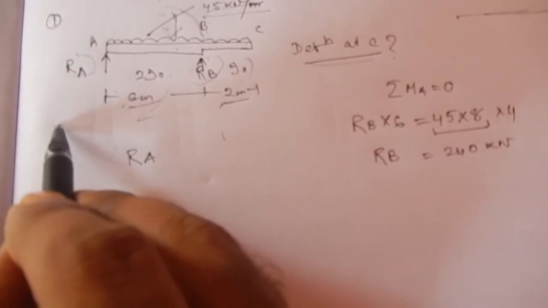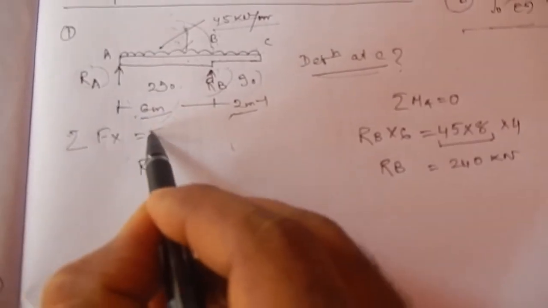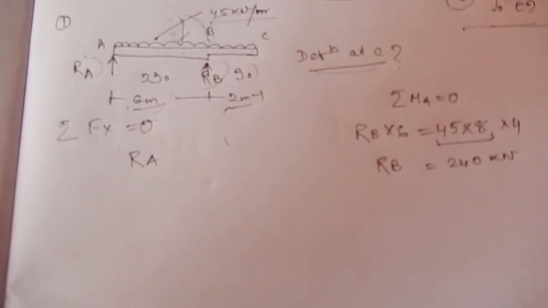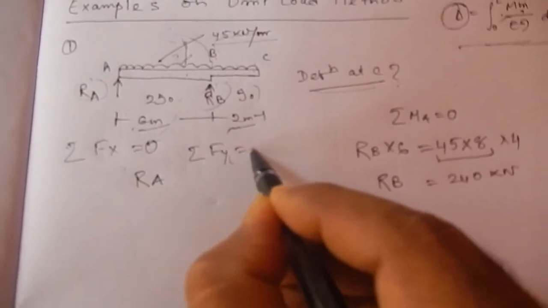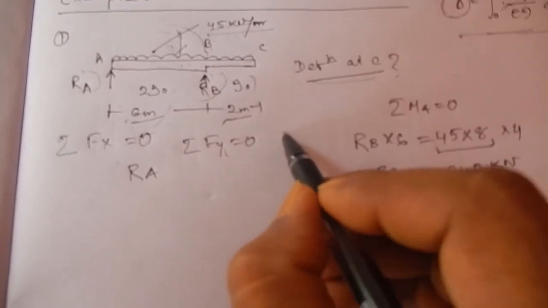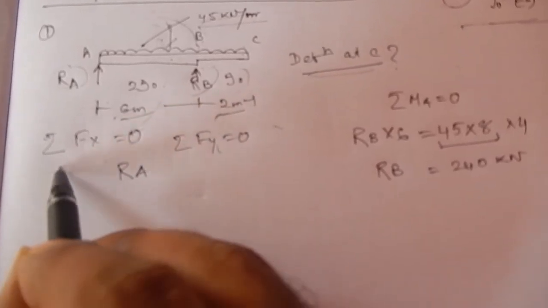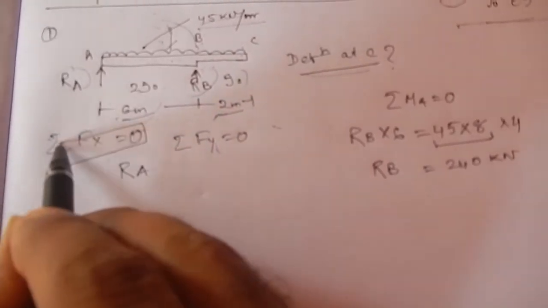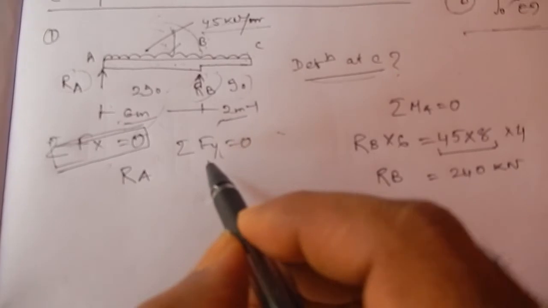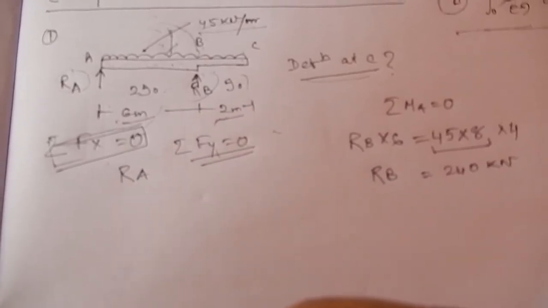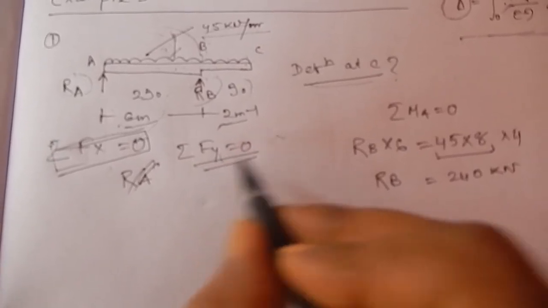From the equations we can say summation of Fx is equal to 0, and summation of Fy equals to 0, and the summation of moments will not be required for now. So this part we don't require. This is the thing we need to check, that is summation of Fy is equal to 0.